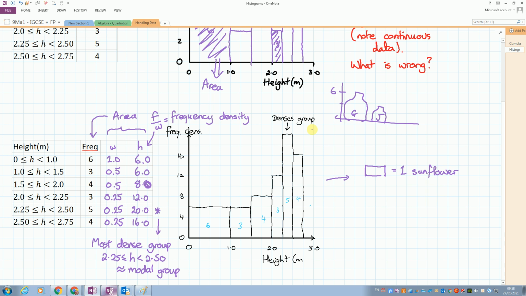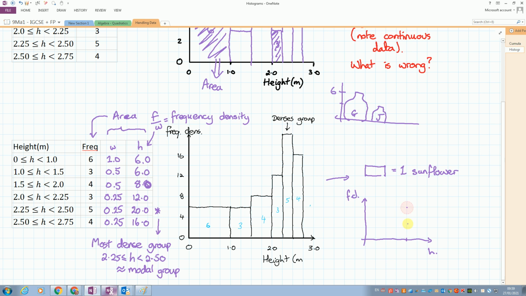Does anybody know what we often see if you look at heights of things? If you've got a lot of things which are supposed to be similar, anyone know what sort of graph you should get? So we were talking about heights of year 9s. Your height.